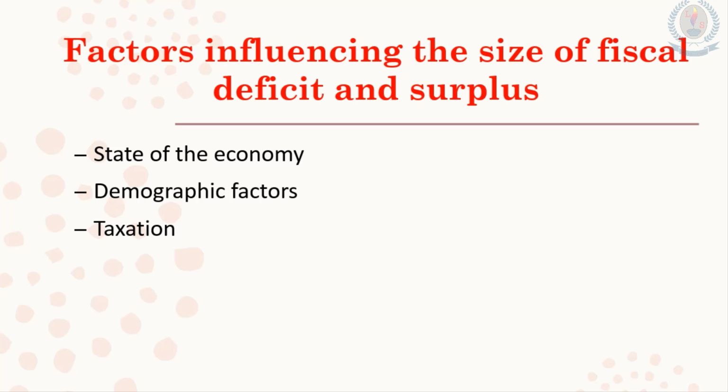Taxation. The size of the tax base might increase if new taxes are introduced. This will reduce the fiscal deficit as it increases the government revenue. Economic development. In developing countries, government spending may be linked to economic development.